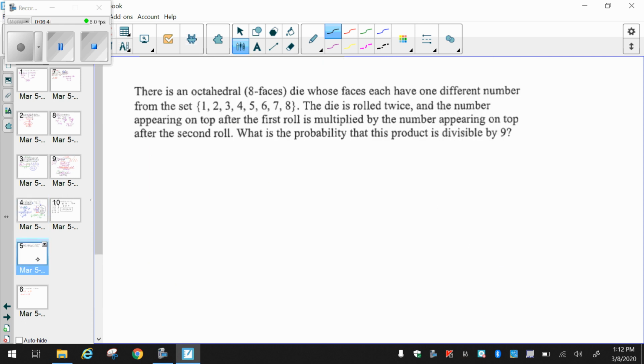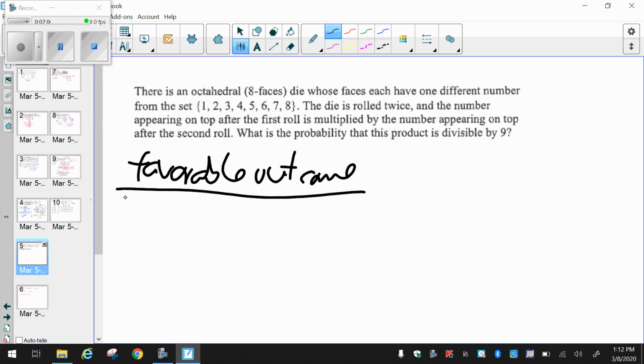So this here might be a bit tricky because probability may or may not be a new concept to some of you. The probability formula is: a favorable outcome, and sorry for the writing, my pen isn't working, over all the possible outcomes.